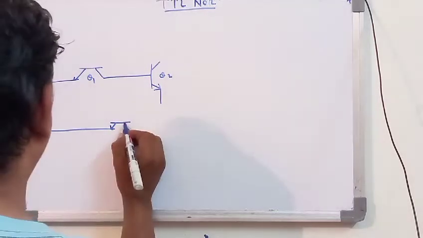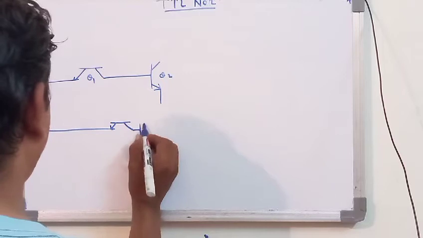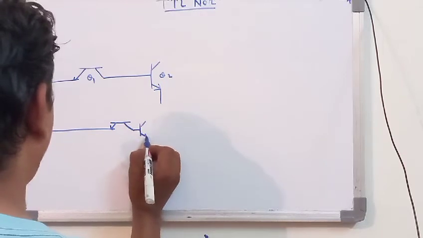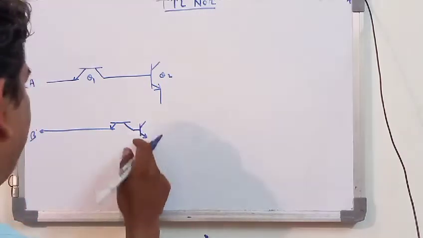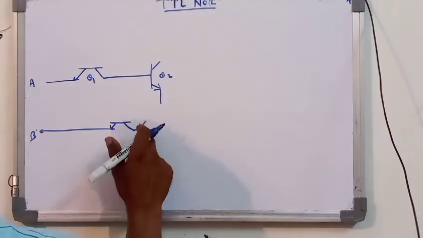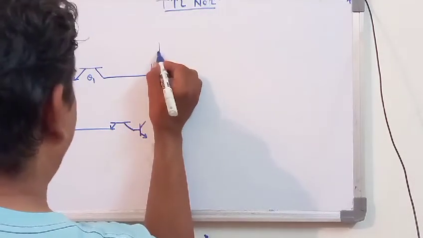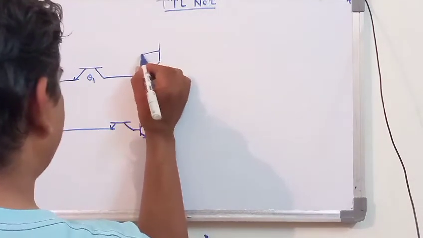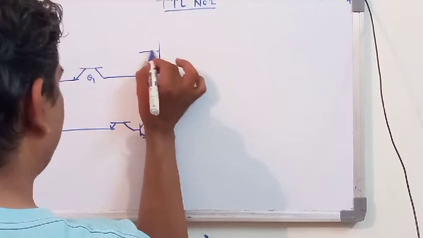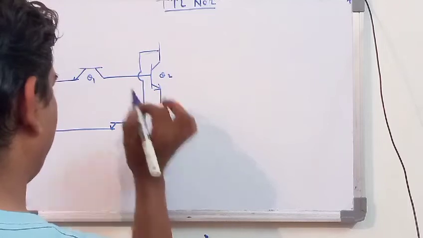then the collector terminal, here is the collector terminal. You have to connect the collector terminal with one transistor. Okay, this transistor is to be connected with the collector of transistor number second, like this.